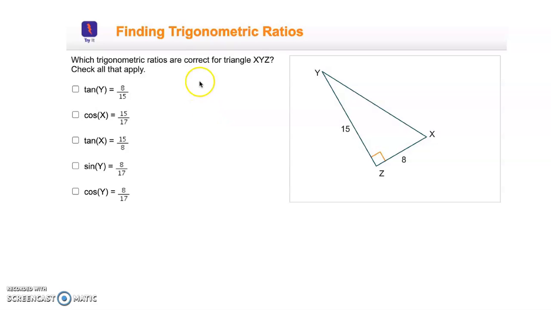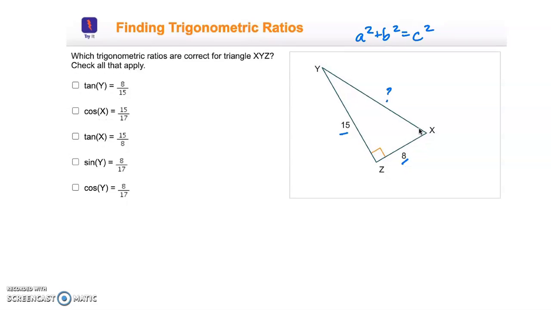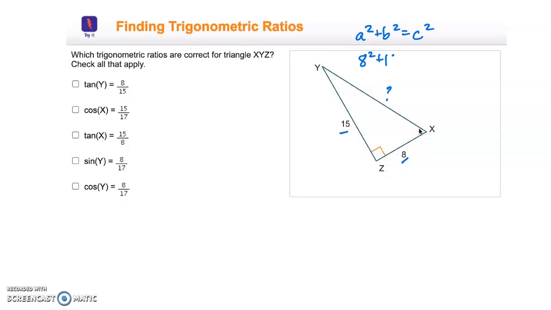So which trigonometric ratios are correct for triangle XYZ? We notice right here, first off, we have 8 and we have 15, but we're missing the hypotenuse length. So the first thing we have to do is find that hypotenuse, and that is probably going to be the Pythagorean theorem. If we have a squared plus b squared equals c squared, then we can say 8 squared plus 15 squared is equal to c squared.